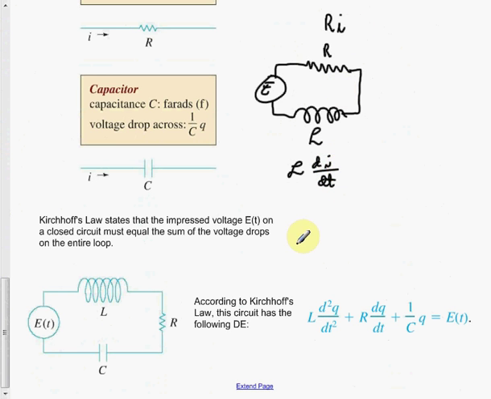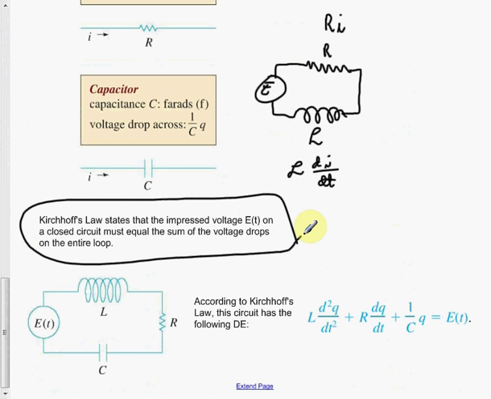And according to Kirchhoff's law, the impressed voltage on a circuit is said to be the sum of the voltage drop on each individual component of the circuitry. So if you were going to build a differential equation, not with the capacitance, but a very simple one with resistance and inductance, it is this.